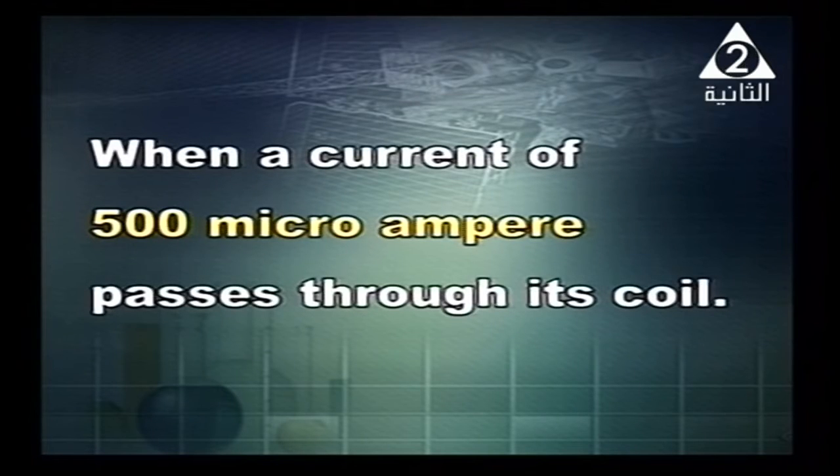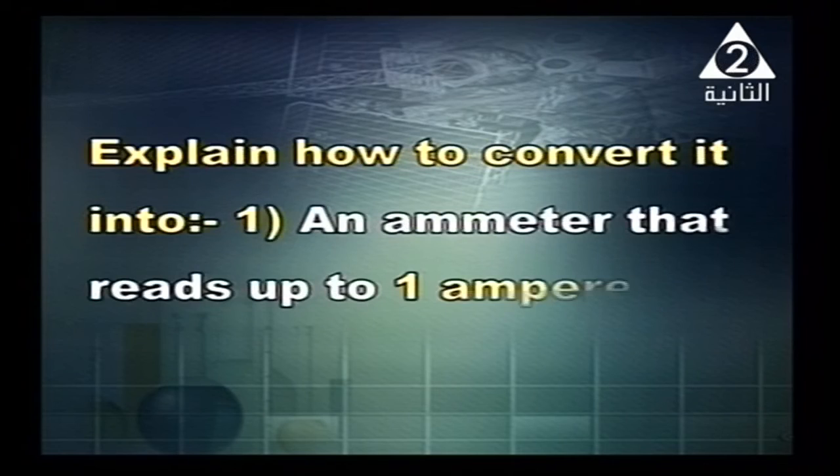This is Ig. 500 micro should be converted into ampere, multiplied by 10 to the power of negative 6. Explain how to convert it into an ammeter that reads up to 1 ampere. 1 ampere is I. The maximum current read by the ammeter is I, so I equals 1 ampere.